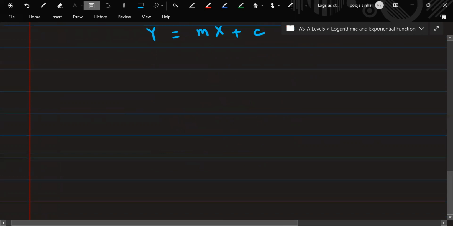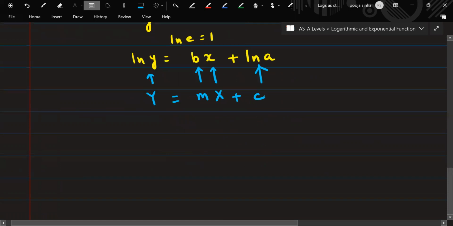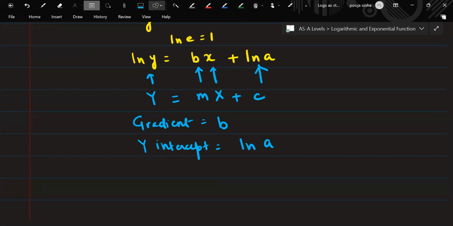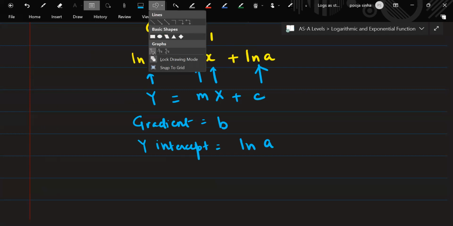Yeah. Right? Okay. So tell me what's the gradient? How will we find that? Look at this. What is m? b. So what is the y-intercept? ln a. So which means, the plotting has to be done between what two things?